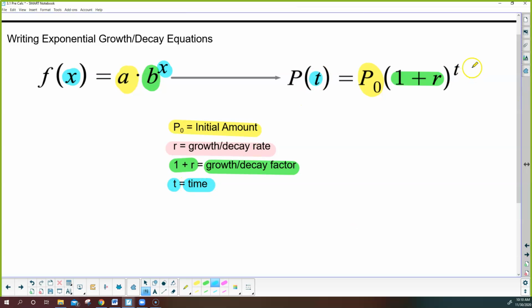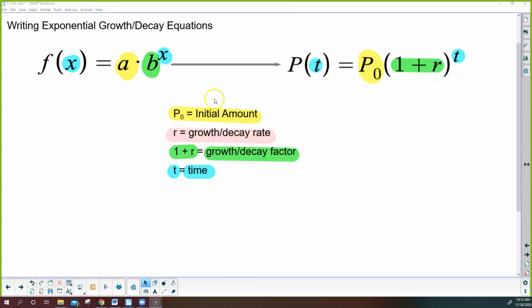So notice T is your input variable. T is the same as X. Okay, so now we can look at this as identifying either the growth or decay exponential function or relate it to specific content, and that's what we're doing today.